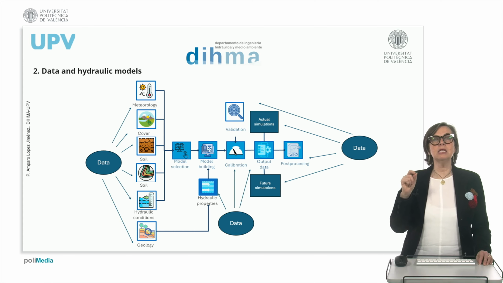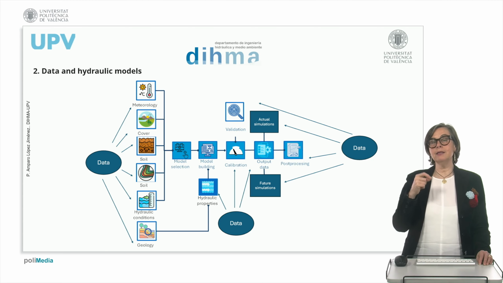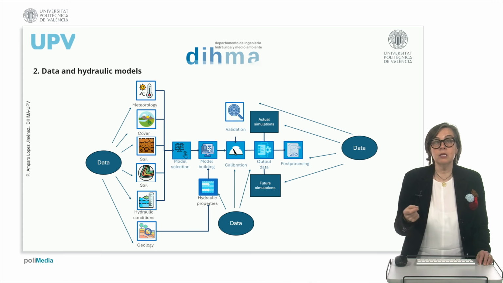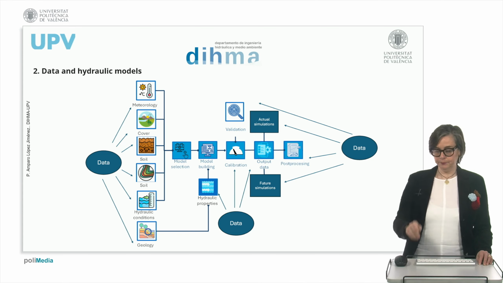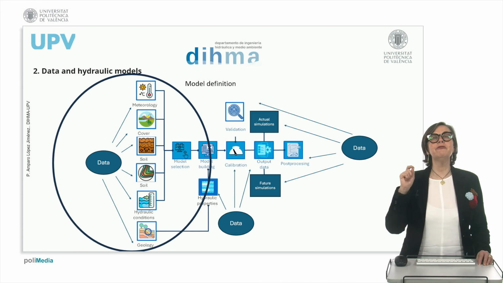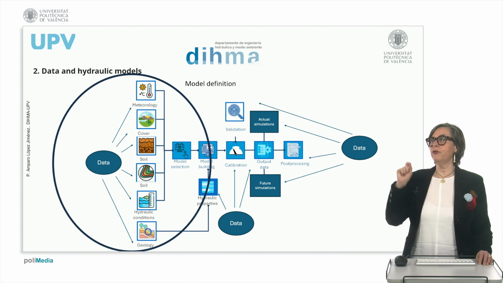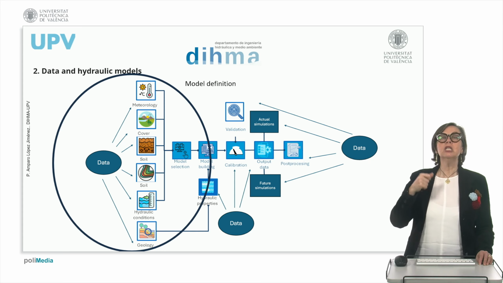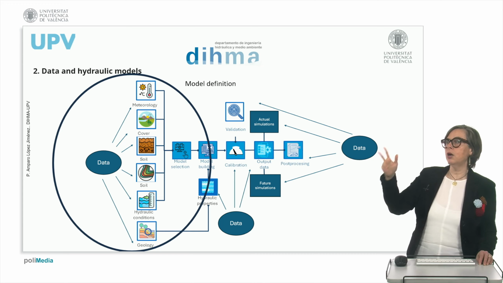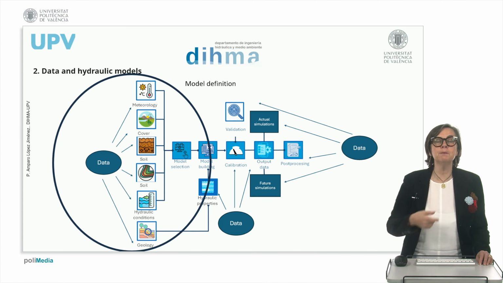So let's see where in this hydraulic modeling, trying to understand what's happening in real hydraulic systems, we are interacting with data. First, when we define the model, we need data to take boundary conditions in terms of meteorology, covered aspects, soil velocities, hydraulic conditions, geology, or other sort of things, pipes, pressure, temperatures, whatever.